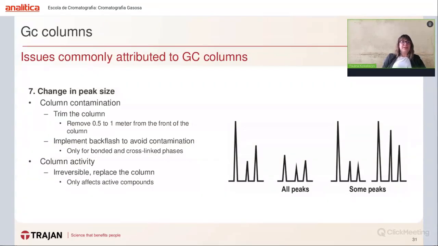This can be caused by column contamination and column activity. As I mentioned earlier, if we do have a contaminated column, we should trim the column from the injector end, so the front of the column we should cut out, and implement a backflush. But when it's caused by column activity, unfortunately, we cannot do anything to restore our column.